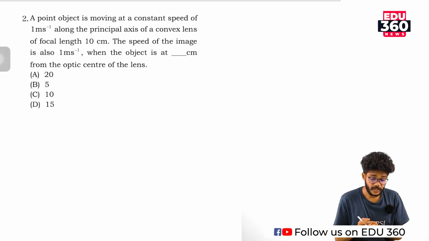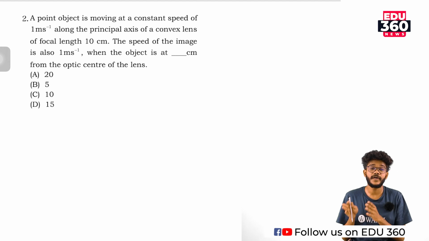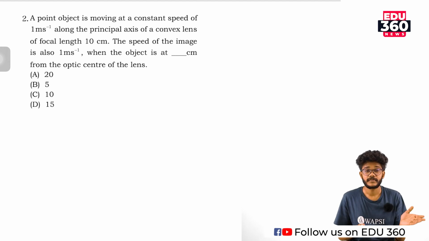When the object is at a dash centimeter from the optic center, so we have to find, if the focal length f is given, the position of the object when u and v are moving at a speed of 1 meter per second.